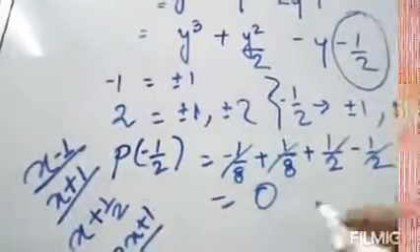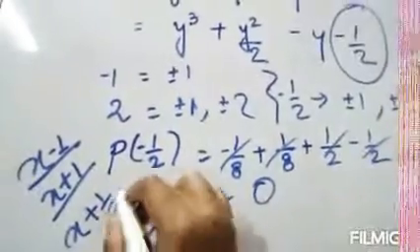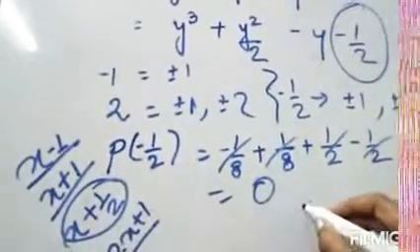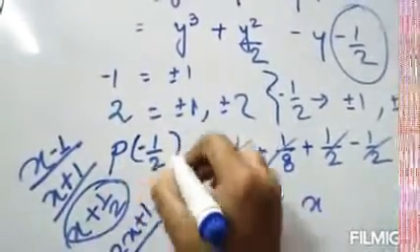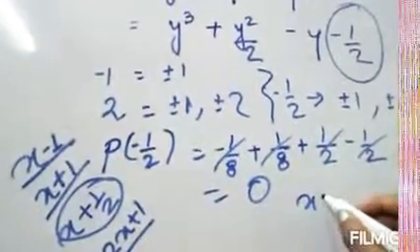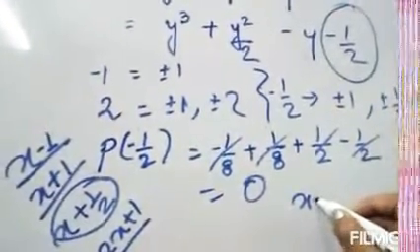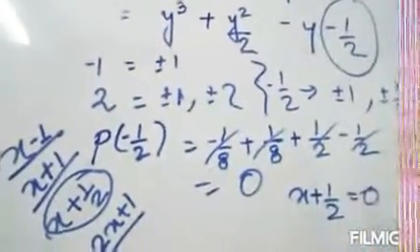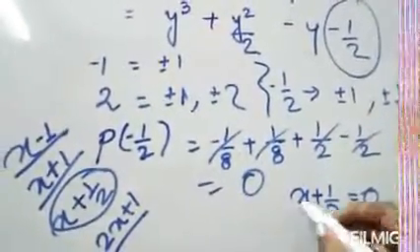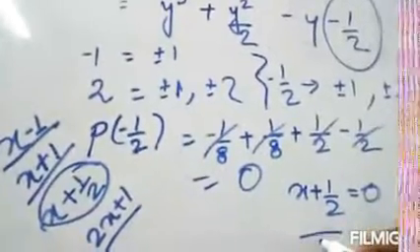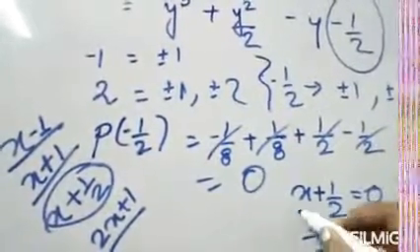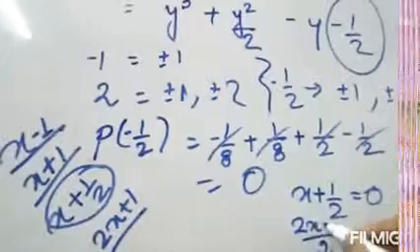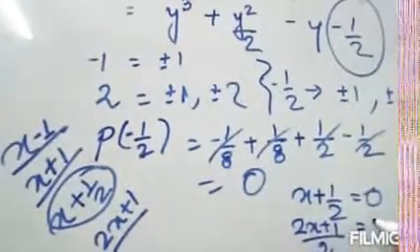Why 2x plus 1? If this is a factor, that means minus half is the 0 of the polynomial. So when we find the 0 of the polynomial, how do we write that? We write it like this. Correct? So taking LCM, we'll write 2x plus 1 is equal to 0.